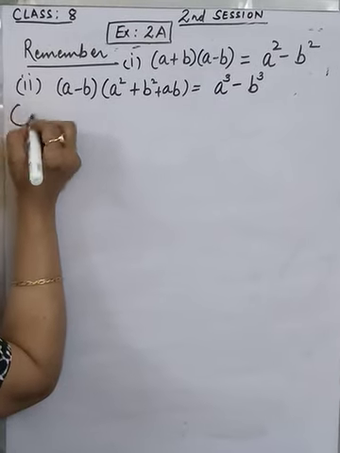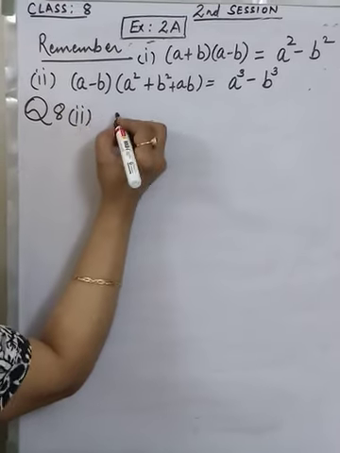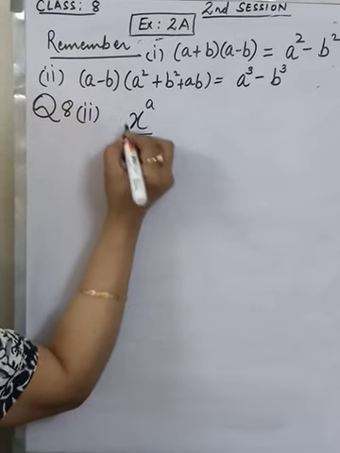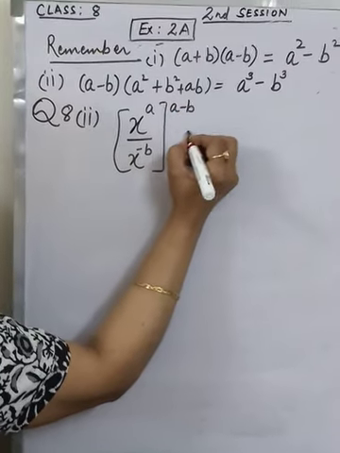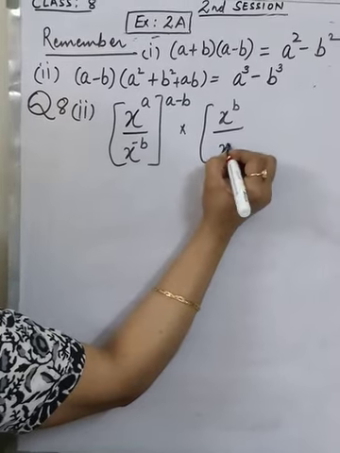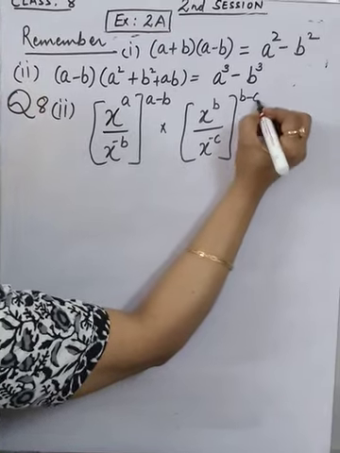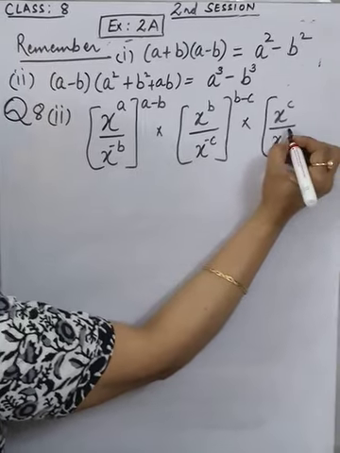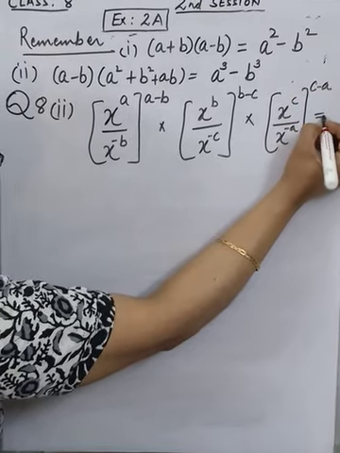We solve question number 8, second part. x to the power a, x to the power minus b, whole to the power a minus b, x to the power b, x to the power minus c, whole to the power b minus c, x to the power c, x to the power minus a, whole to the power c minus a is equal to 1.